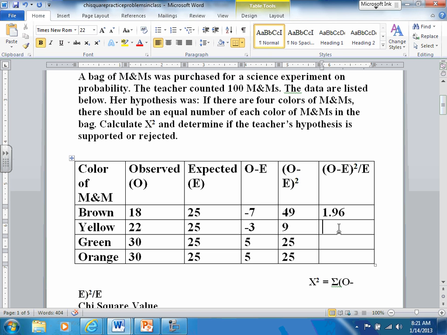This one's going to be 9 divided by 25, right? Expected is 25. So 9 divided by 25, 0.36. And this one's going to be 25 divided by 25. Win. And the next one's going to be the same, right? 25 divided by 25.